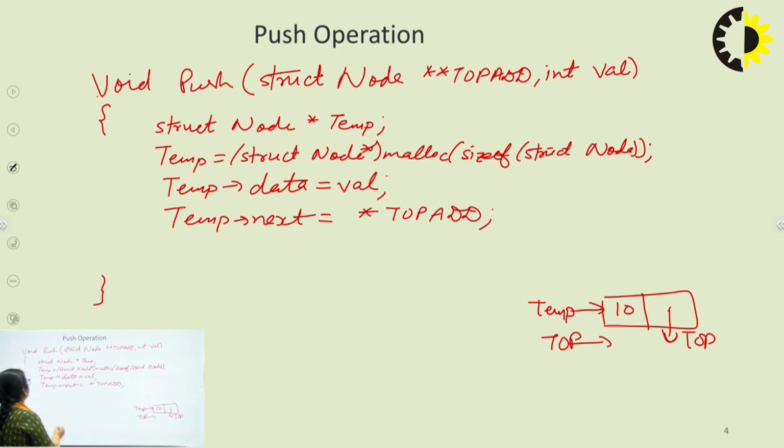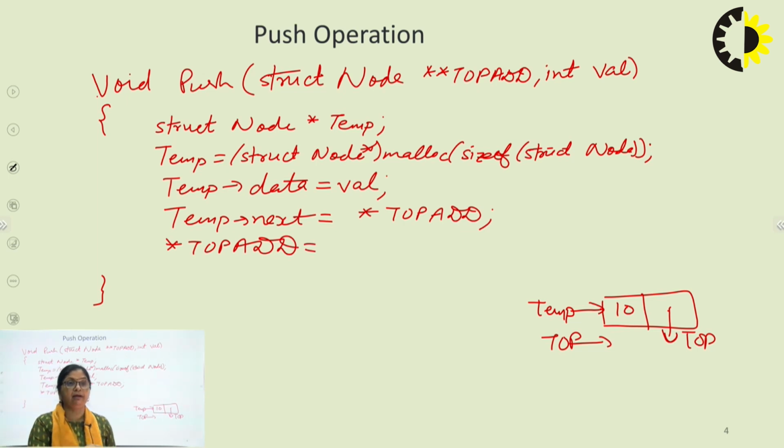Okay, now what will top become? Top will now point to the latest inserted element. What is that? The latest pushed element, that is this temp. Okay, so it will take temp. So see what happened. Whatever was the top has been inserted here, whether it was null or some other entry.